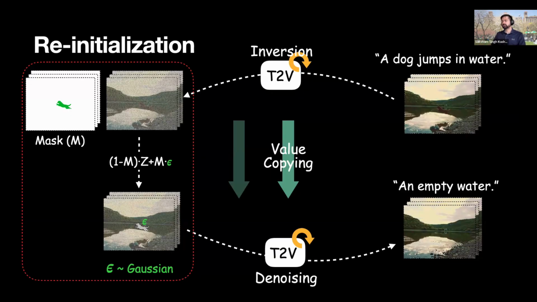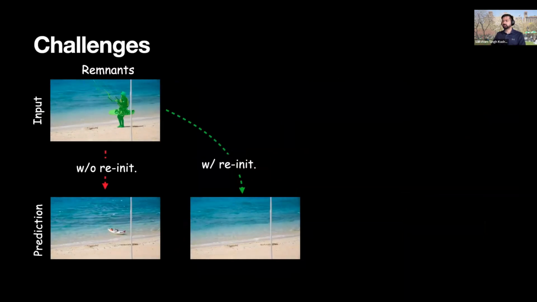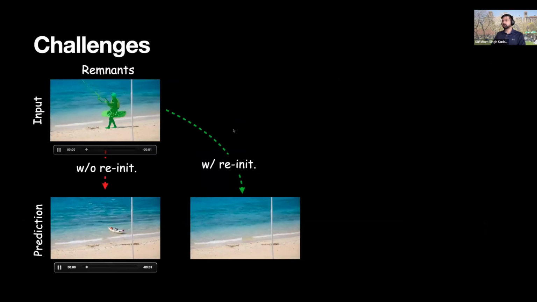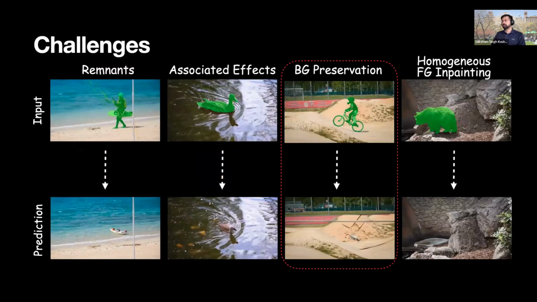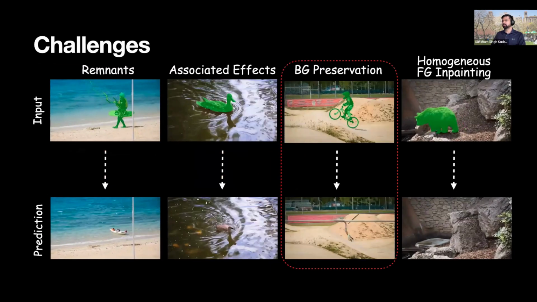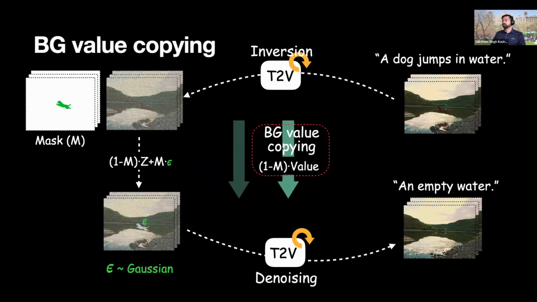And so we observe that doing so, we can remove any remnants of the object. This was previously, and this is after our reinitialization of noise. And next, to preserve the background, while doing inversion and then denoising, we store some intermediate values and try to copy them.